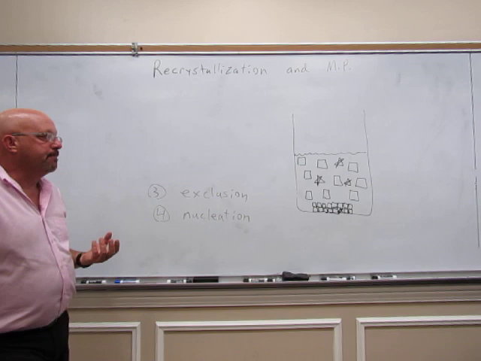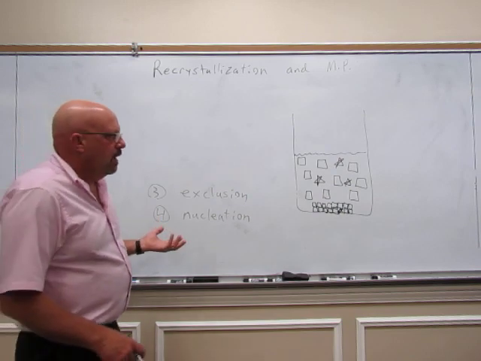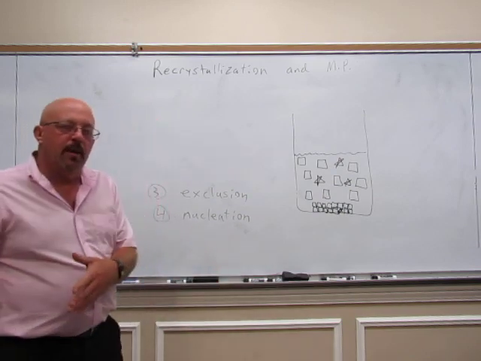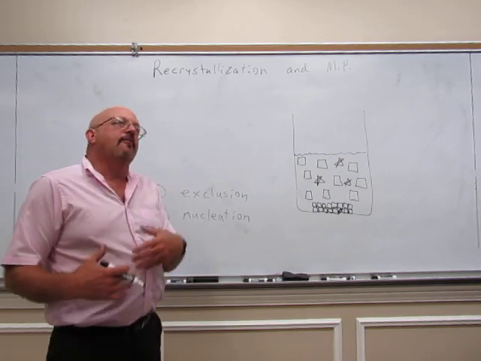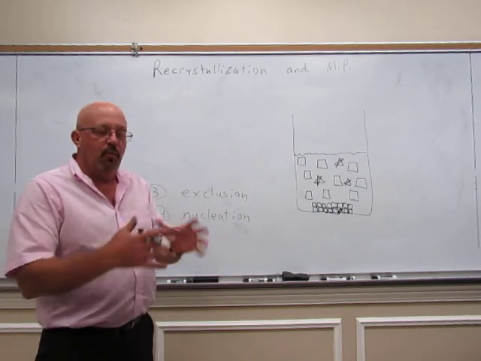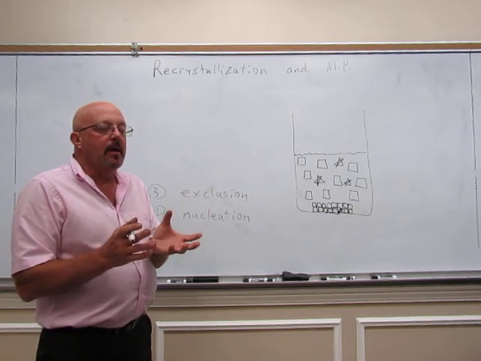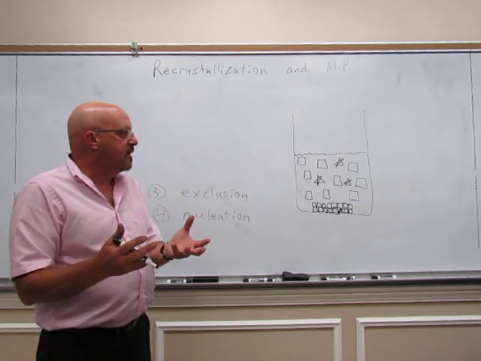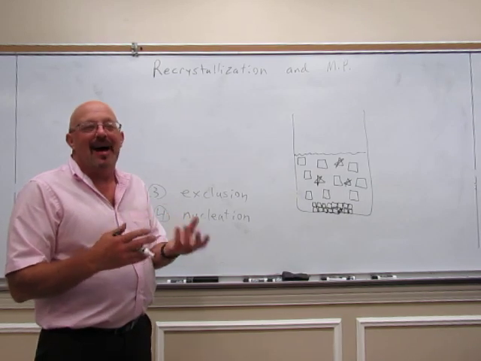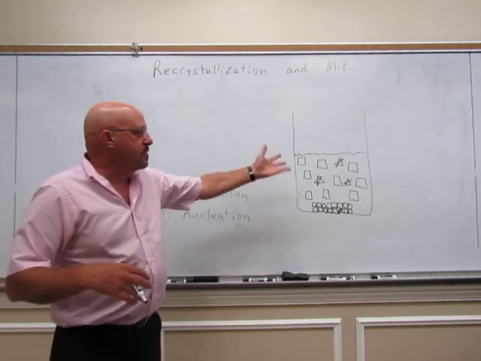Let's say we started off and it was 80% one compound and 20% impurity. After we recrystallize, we get more of whichever one is the majority. And so now maybe after the recrystallization it's a 90-10 mixture, 90% squares and 10% stars.